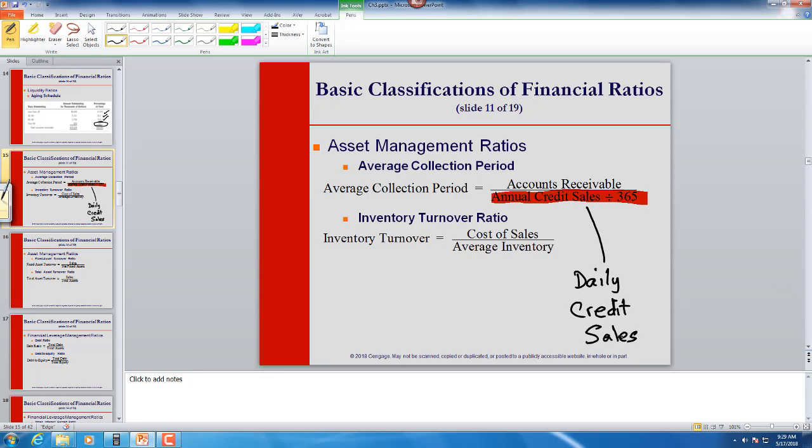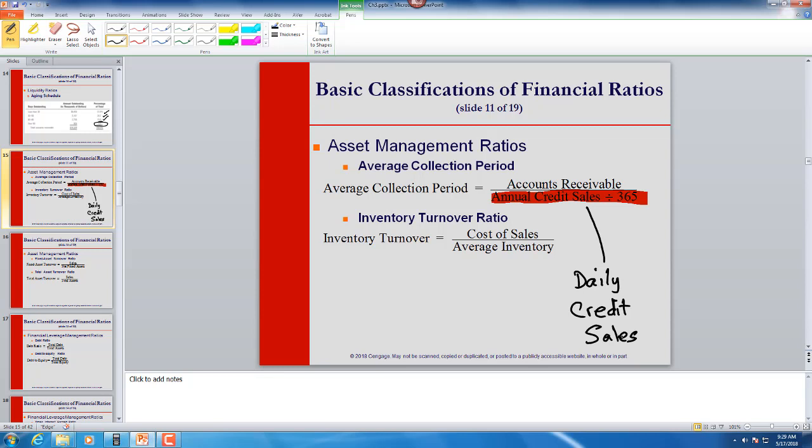This generally looks at how efficient your collection system is, based on accounts receivable divided by annual credit sales divided by 365, which is basically daily credit sales. It shows, for example, that a company that has 40 is generally considered more efficient than another company which has 50 in its particular business.